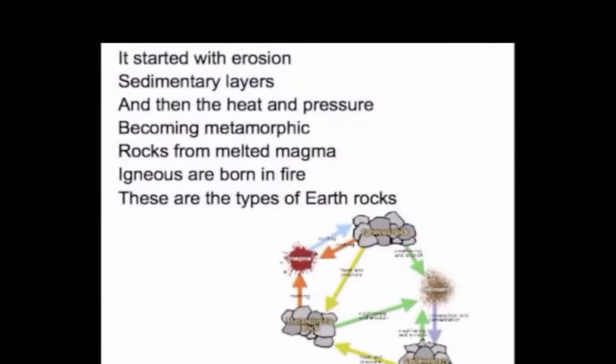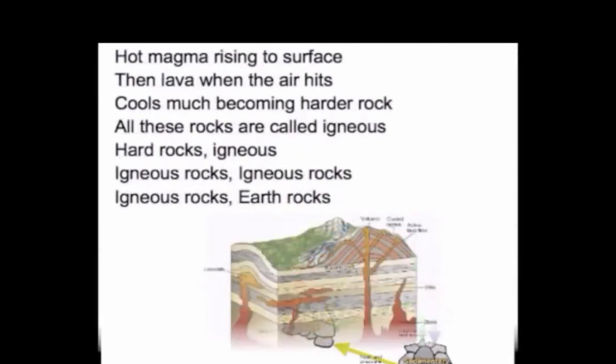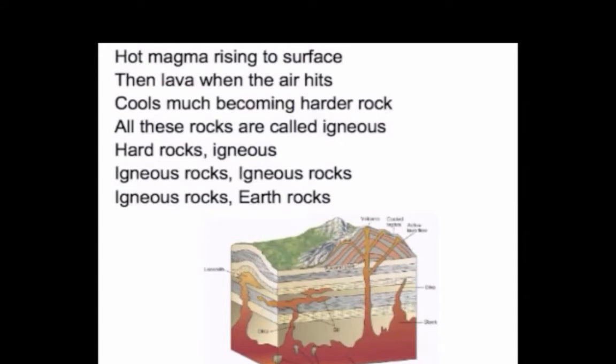It started with erosion, sedimentary layers, and then the heat and pressure, becoming metamorphic. Rocks up with the magma, igneous are born in fire. These are types of earth blocks. Hard magma rising to surface, then lava, then air hits.